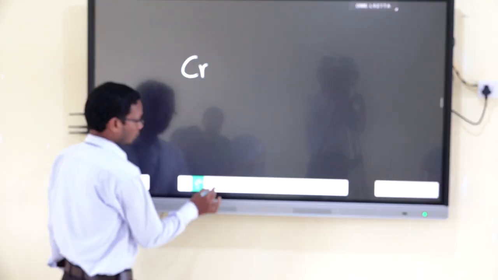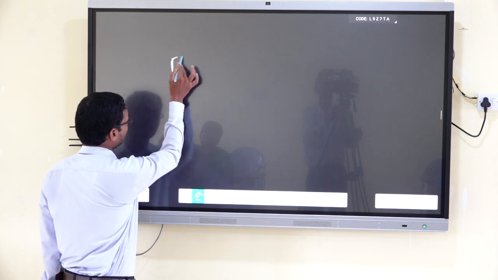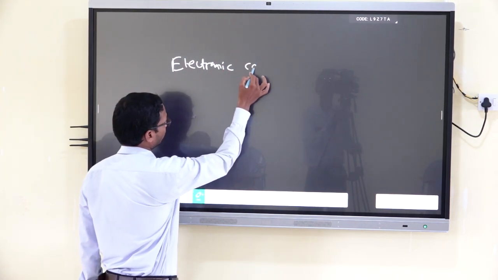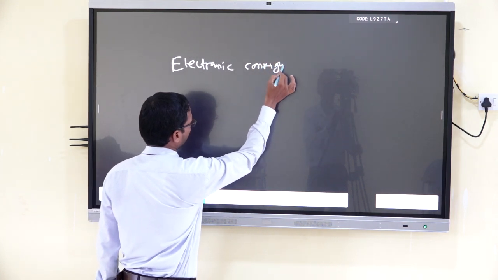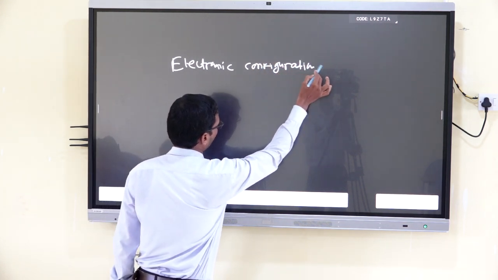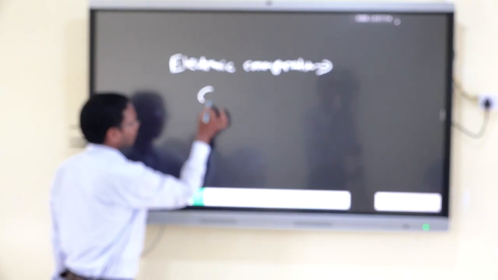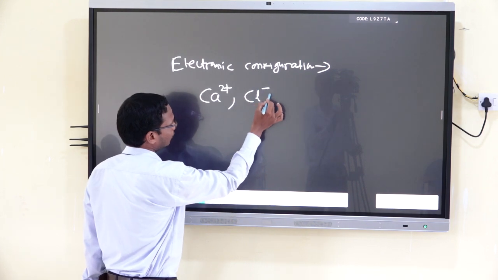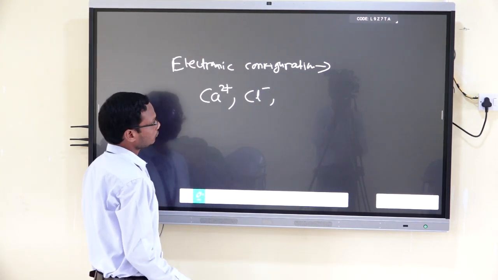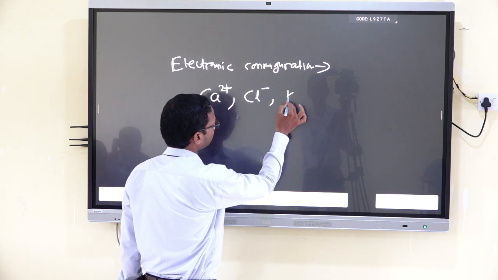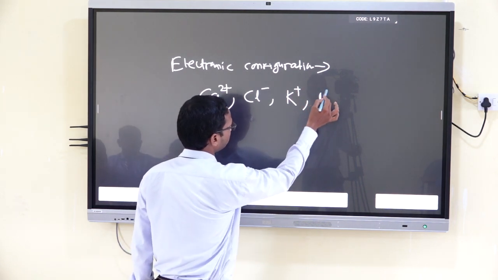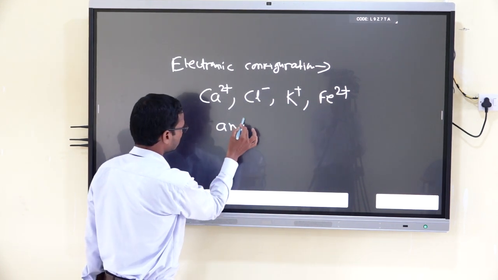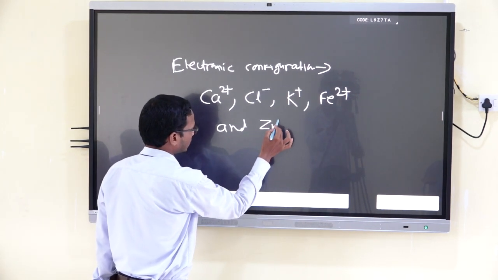And now, today's homework. Write electronic configuration of Ca2+, Cl-, K+, Fe2+ and Zn+.